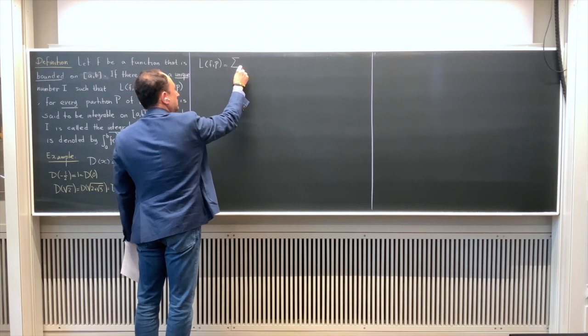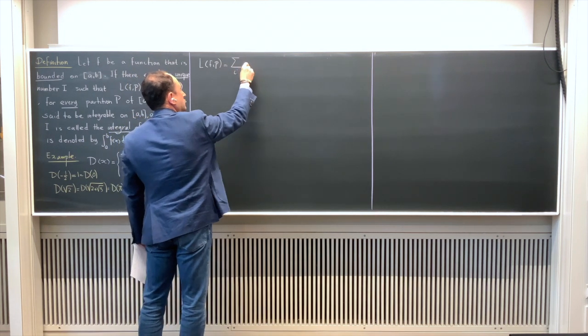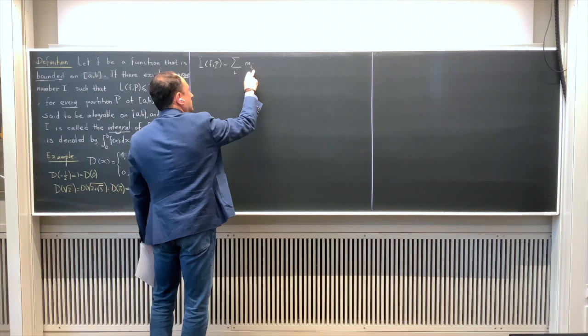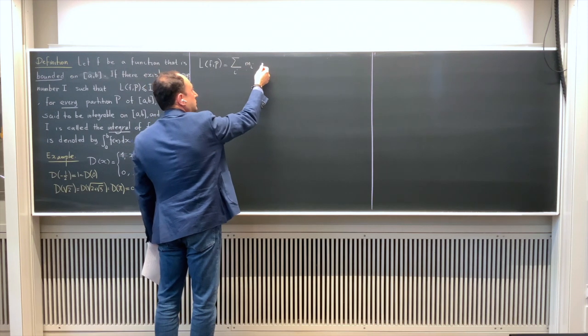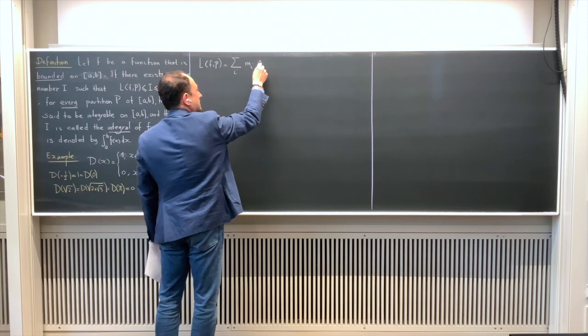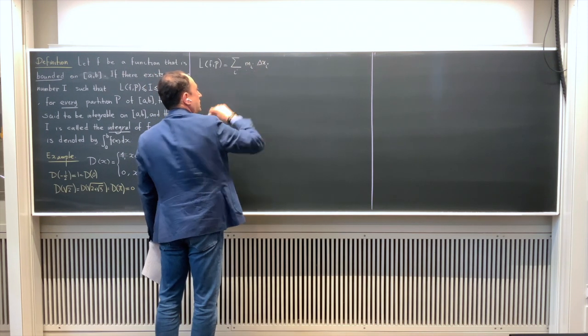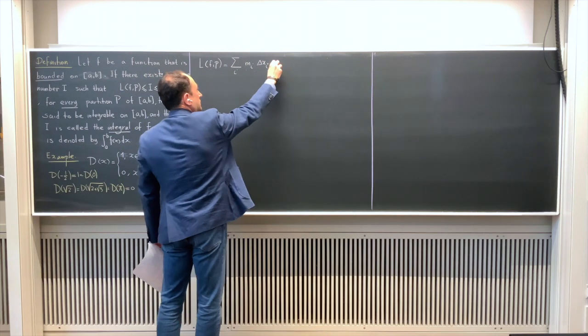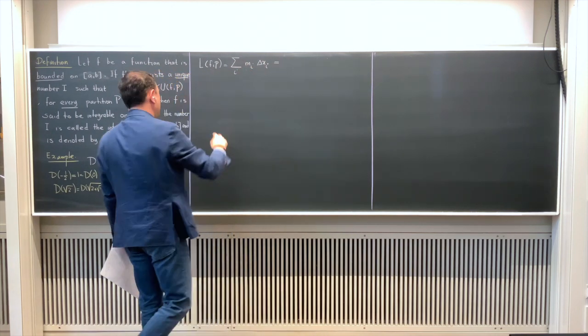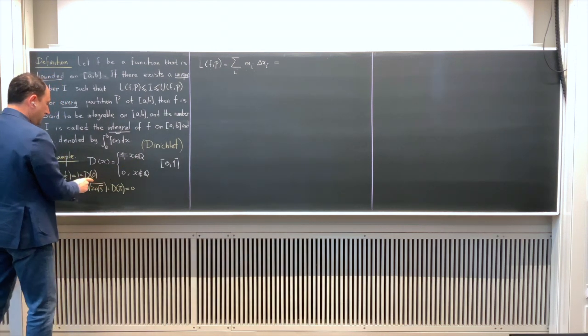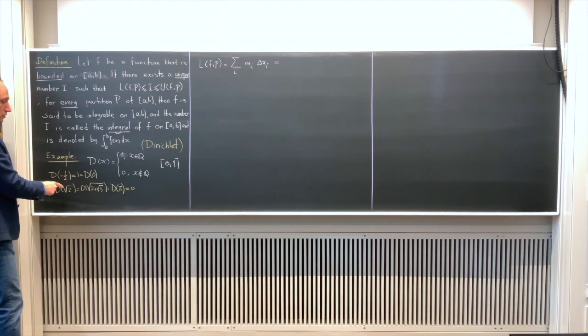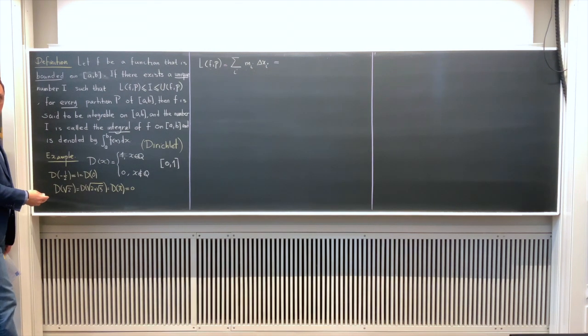This is sigma, and then you choose the minimum value of the function in the interval, and you multiply it by the length of that interval, which we denoted by this symbol. But you remember that in any subinterval, definitely we have rational numbers and irrational numbers simultaneously.